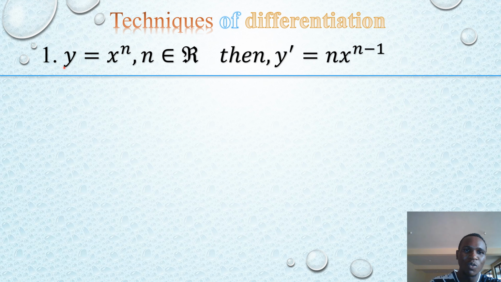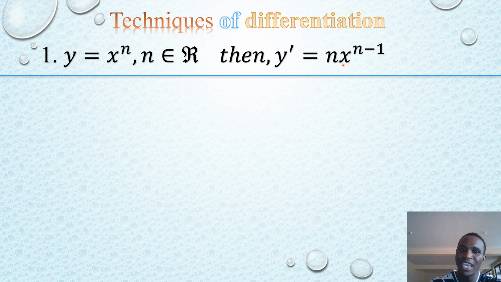If you have a function y equals x raised to the power n, okay, to differentiate this function, like I said, dy on dx is also denoted by y prime. Okay, dy on dx is y prime. To differentiate this function, you copy the power, as you can see, is n.